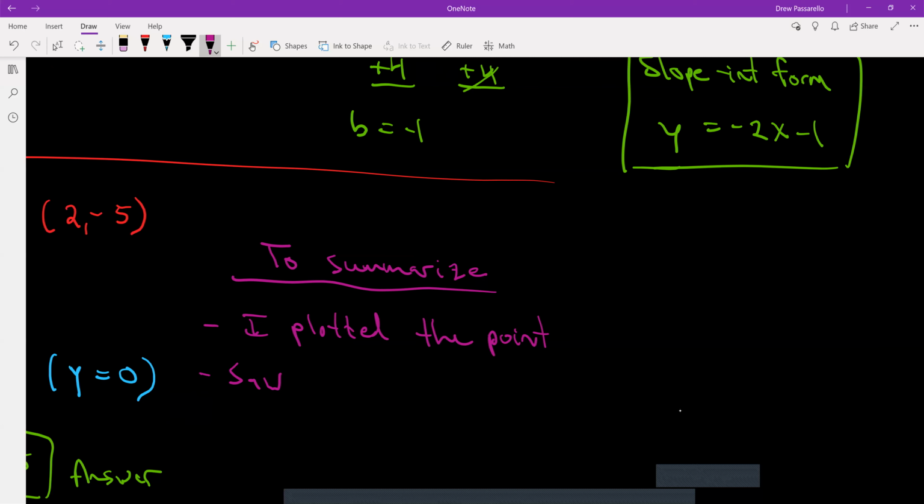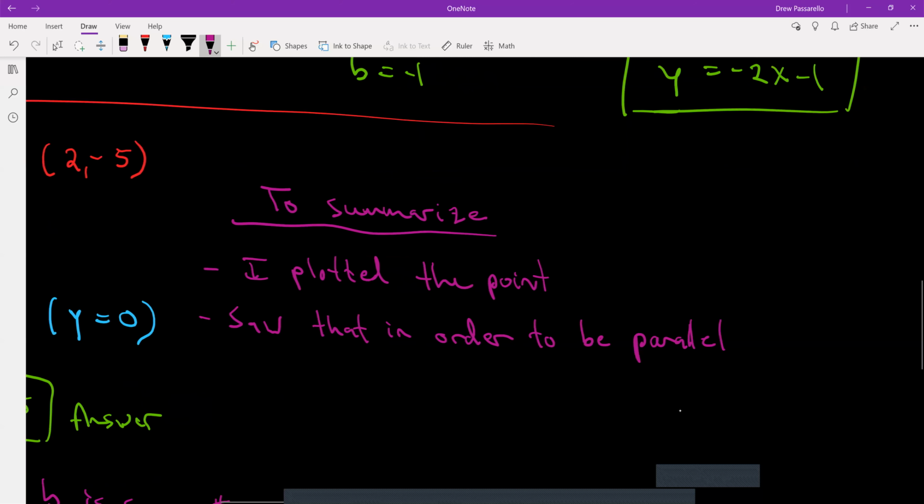to be parallel to the x-axis, which is the equation y equals 0, I needed another horizontal line.